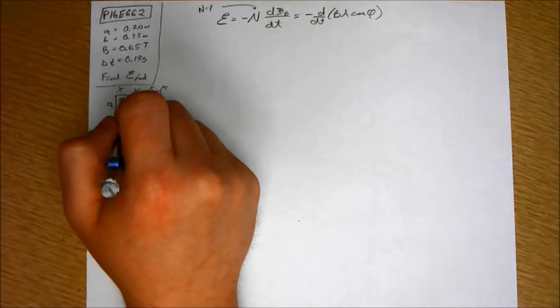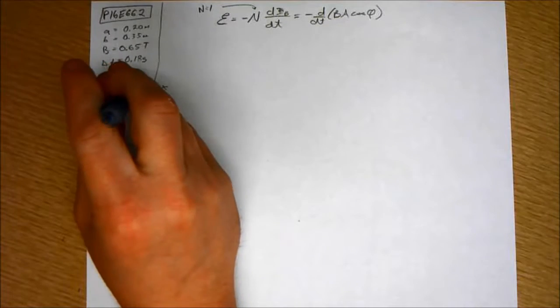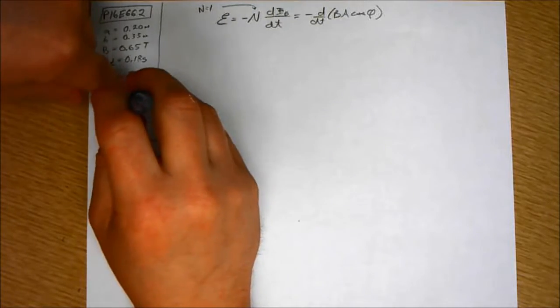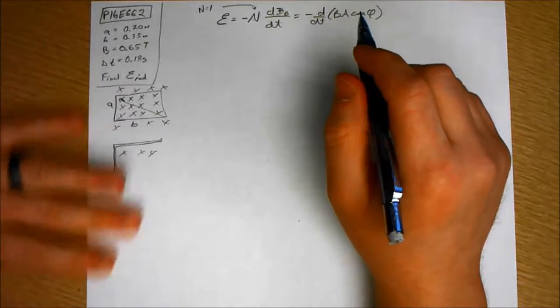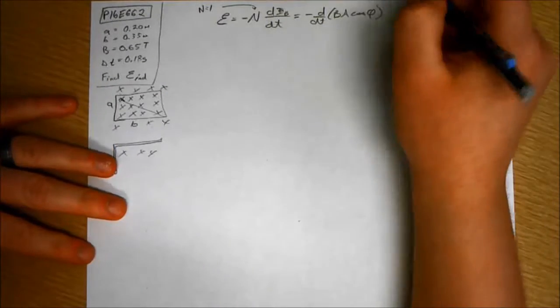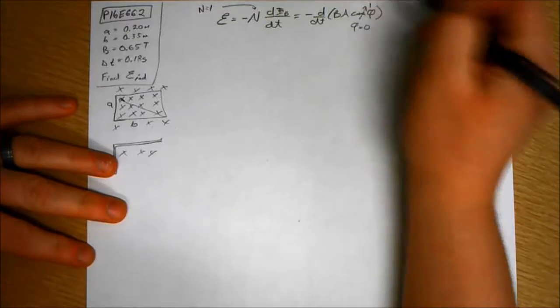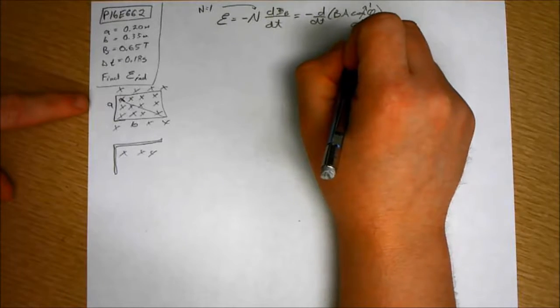If it's out of the plane and we chose the magnetic field to be into the plane, then there will be a negative there. It would be a 180 degree angle. But the negative's not going to matter here because we're just worried about the absolute value. So I'm going to say phi equals 0 and cosine phi equals 1. So the orientation is not changing.